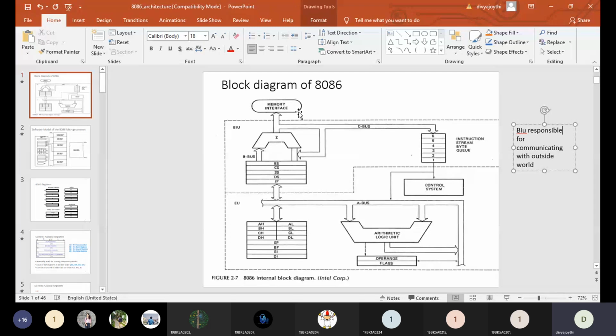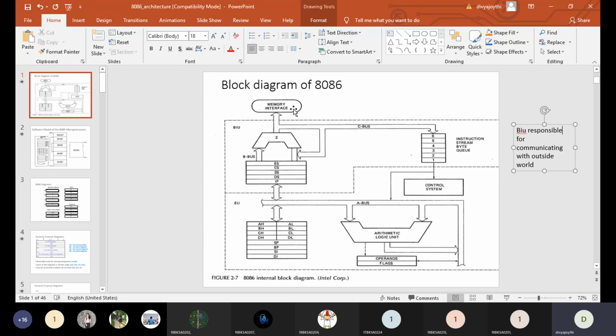In order to communicate with the external memory, or to share anything with the external memory, that communication is established by the bus interface unit. In short, the bus interface unit establishes the communication between the processor and the outside world.